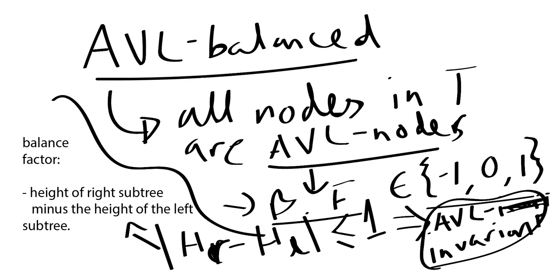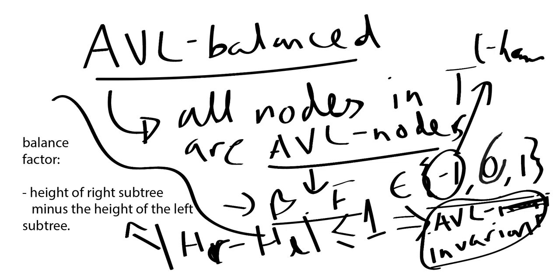And one thing I just want to talk about is some lingo. We say that if the balance factor for some node is -1, that means it is left heavy. And if it's 0, then it's balanced.